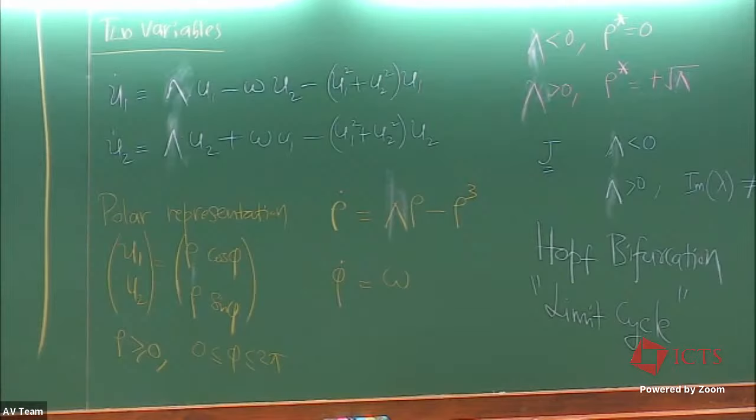So what we've done so far is to set up a linear stability picture for looking at one variable ODE systems or n variable ODE systems. You can classify the fixed points and their stability by looking at the eigenvalues of the Jacobian matrix at the fixed points.